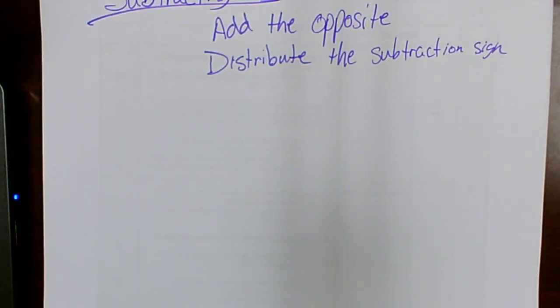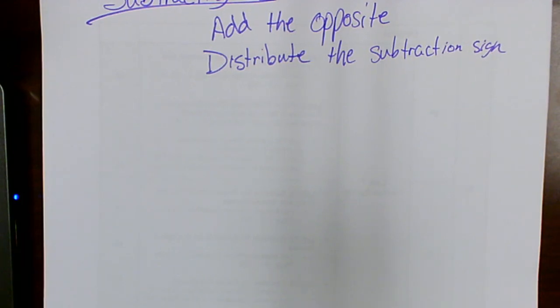So here is my rule for you guys. Anytime you see a negative in front of a parentheses, distribute that negative through, and then all you have to do is add like terms. And it's a lot easier than subtracting a negative value.